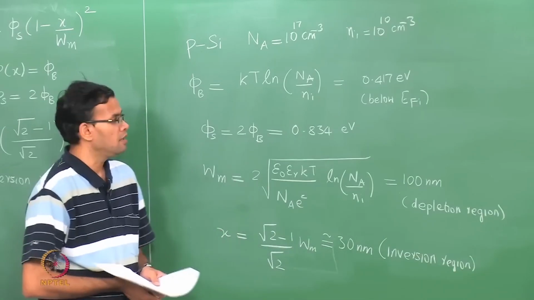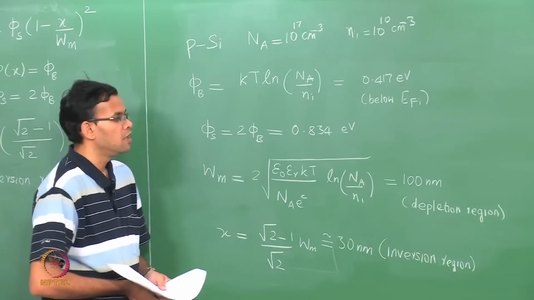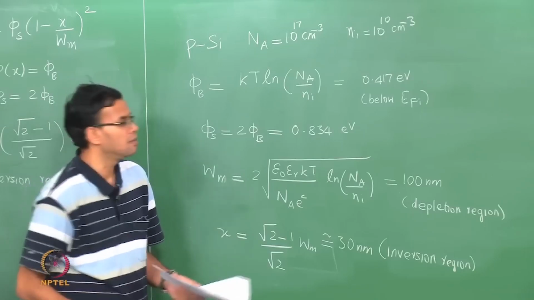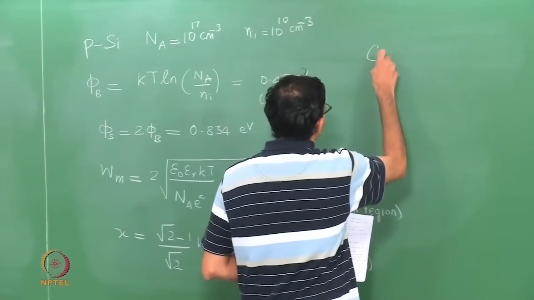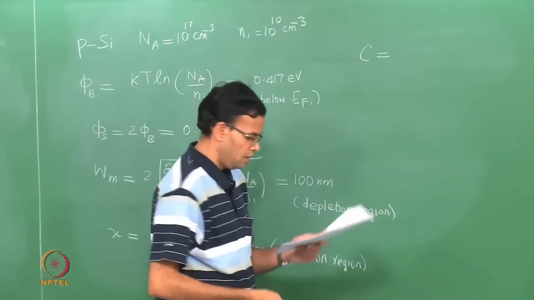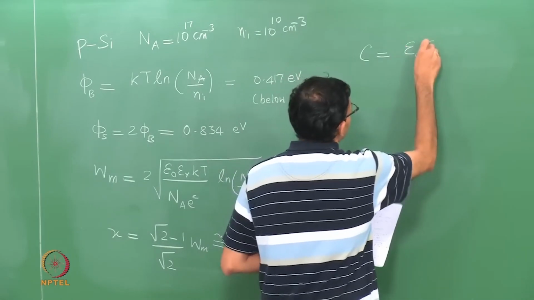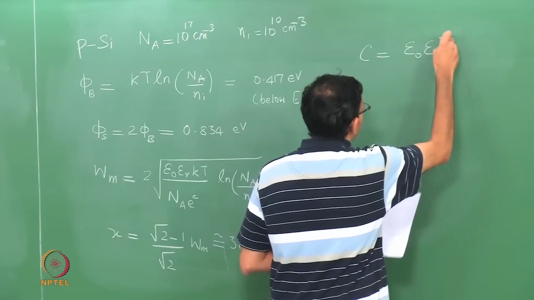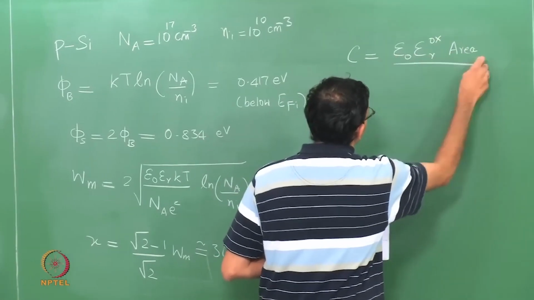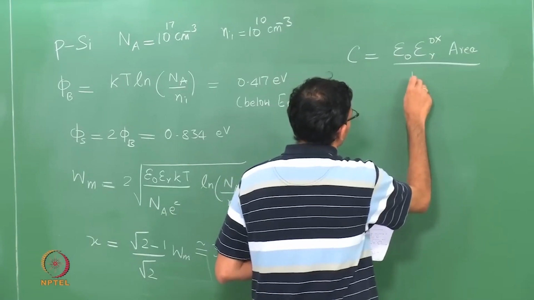So one last thing before we end the MOSFETs: the oxide layer in the case of a MOSFET acts as an insulator. So we can define a capacitance for the oxide layer, or for the MOSFET, and the capacitance is nothing but epsilon naught epsilon oxide times area divided by the thickness of the oxide layer.